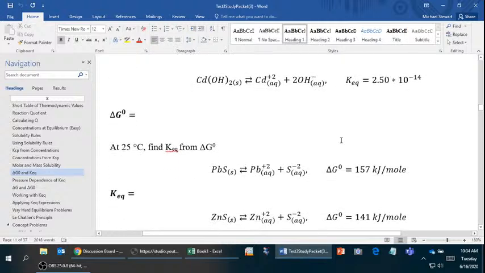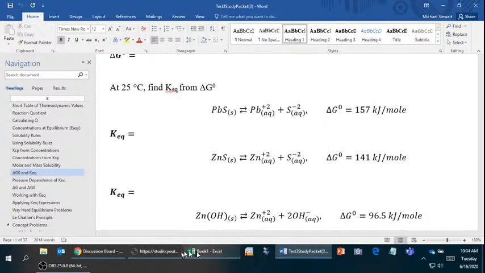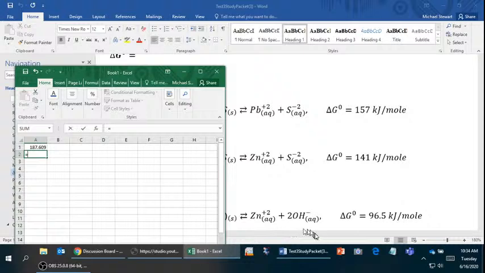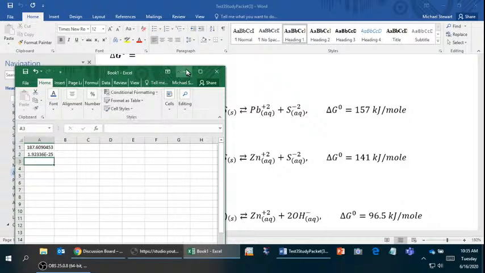For the ones beneath it, we're asking you to find KEQ from delta G naught. KEQ is e to the negative delta G naught, 141 in this case, divided by the gas constant, 0.008314, times the temperature in Kelvin, 298 Kelvin. We close that out and get 1.93 times 10 to the negative 25.